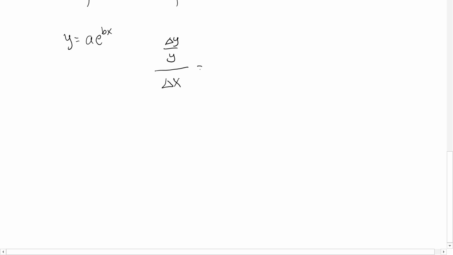I can write this as delta y over delta x times 1 over y. And this is approximately dy/dx, the derivative, times 1 over y. So this expression is the percentage change in y if x increases by 1 unit.